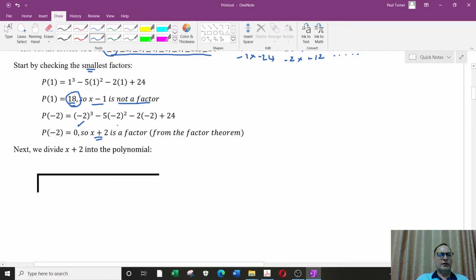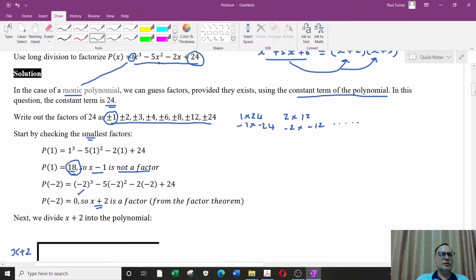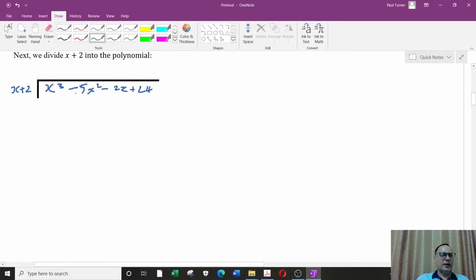So what I'll do, I'll divide my x plus 2 into the polynomial, which was x cubed minus 5x squared minus 2x plus 24. So we have one factor, x plus 2.